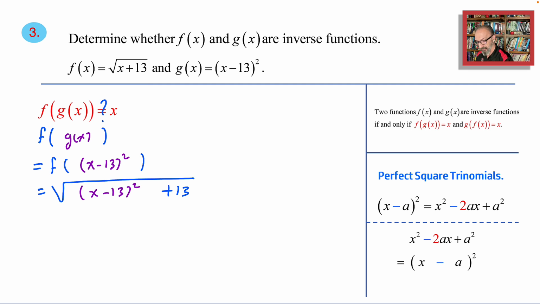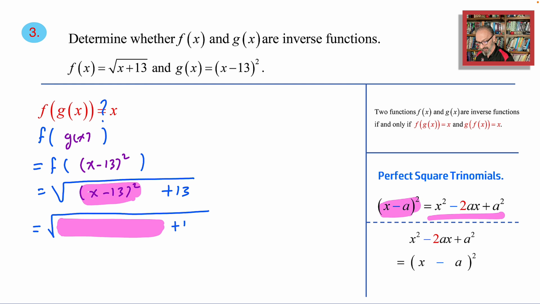And to do that, we could pay attention to the following. The perfect square trinomial, x minus a to the second, will give me 3 terms. So that is this right here. That will be replaced with 3 terms right here. So here we go. Equals square root with plus 13 on the side.